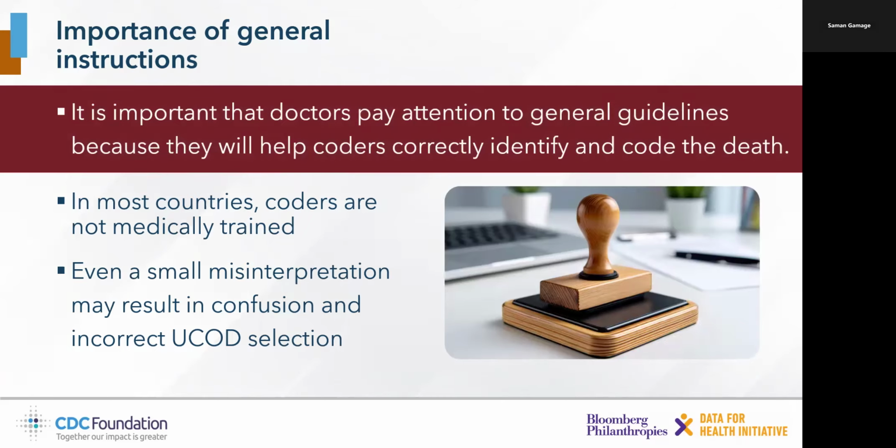In addition, there are some general instructions. It is important that doctors pay attention to general guidelines because they will help coders correctly identify and code the death. In most countries, coders are not medically trained. Even a small misinterpretation may result in confusion and incorrect underlying cause of death selection.